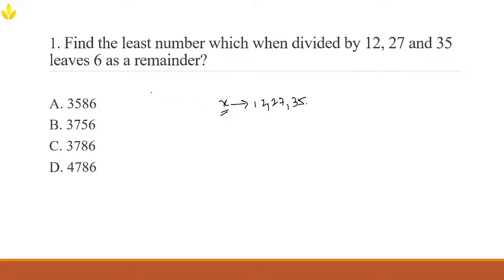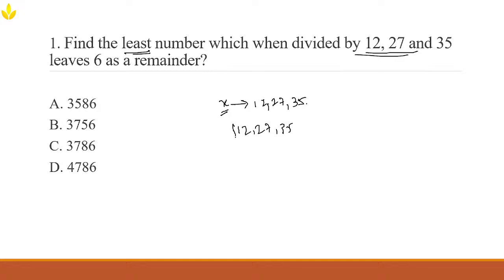Whenever you find least number, or the smallest or the shortest, so these kind of words, it is understood that we have to find the LCM of the numbers given. So the LCM of 12, 27 and 35. How do we find the LCM?